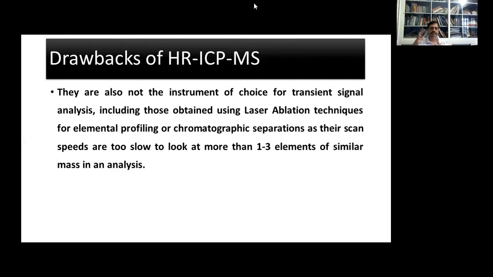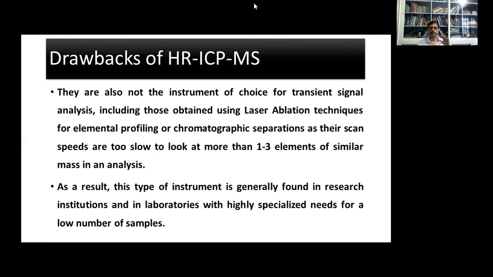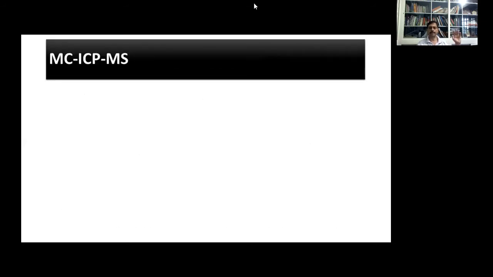In such situations, this slower scanning speed will slow down the entire analysis. As a result, this type of instrument is generally found in research institutions, not in production laboratories. In research institutions and in laboratories with highly specialized needs for a low number of samples, HRICP-MS is used. Otherwise, regular quadrupole ICP-MS is found.